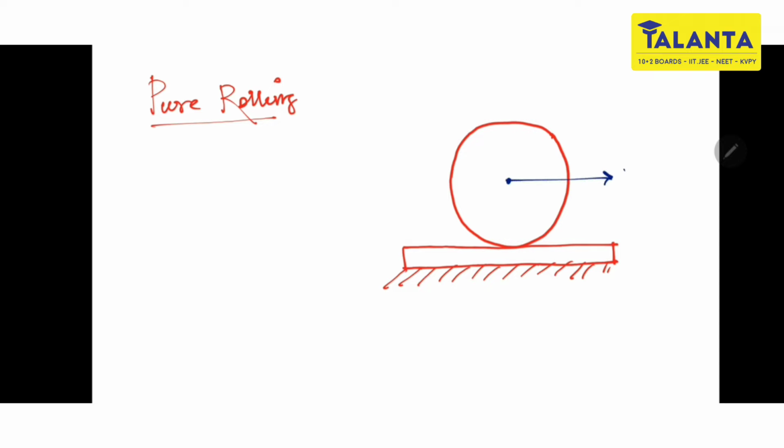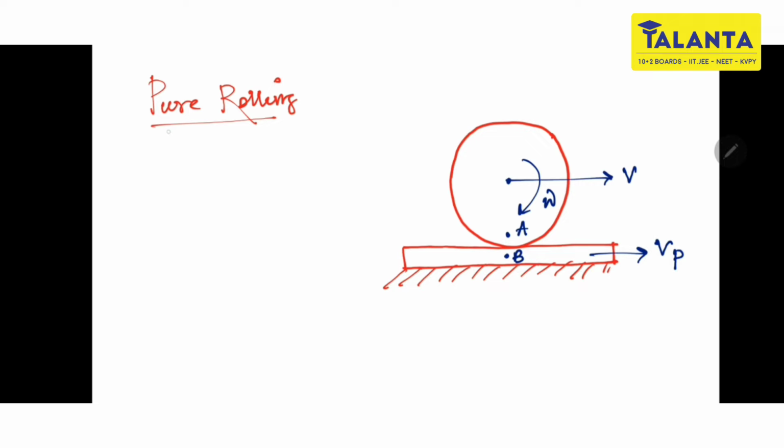Here the velocity of the sphere is v, the angular velocity is omega, and let the plank be moving with velocity vp. Let us find a condition for pure rolling.